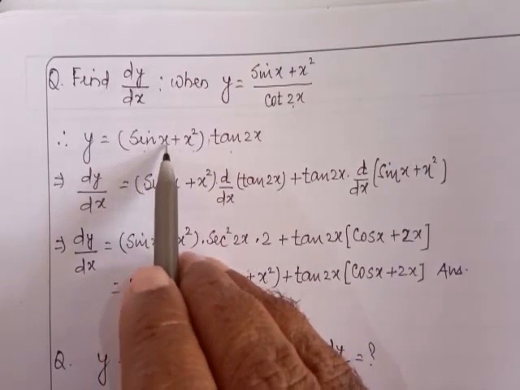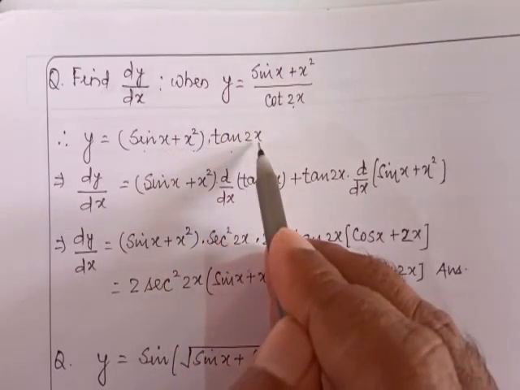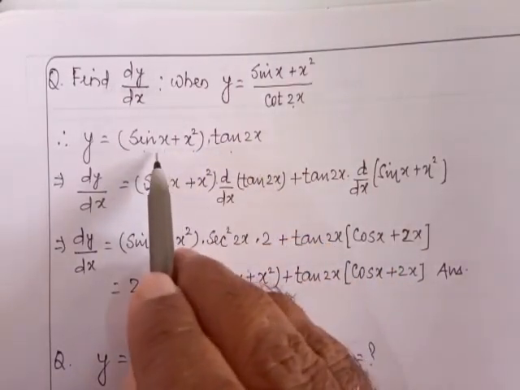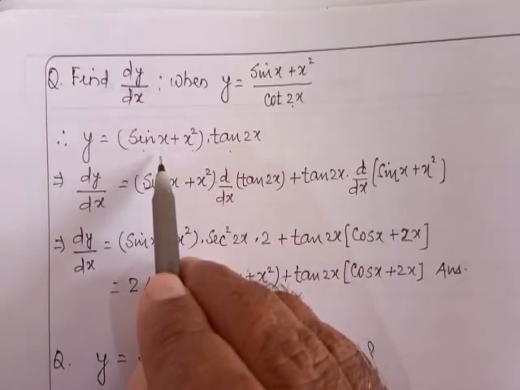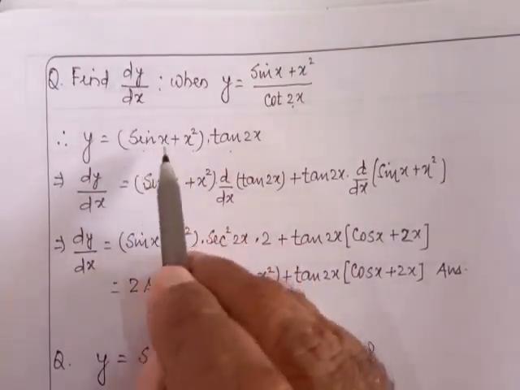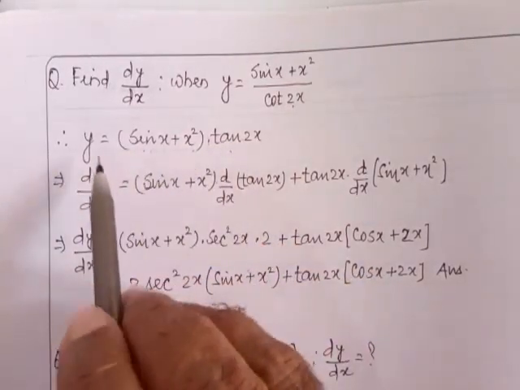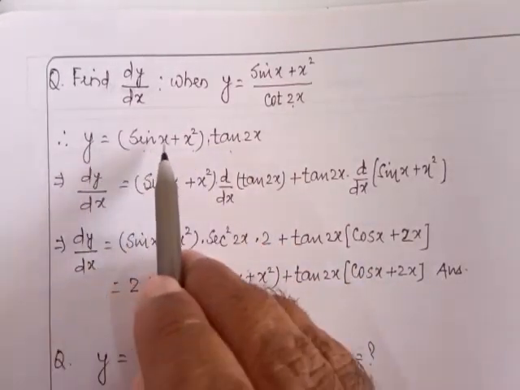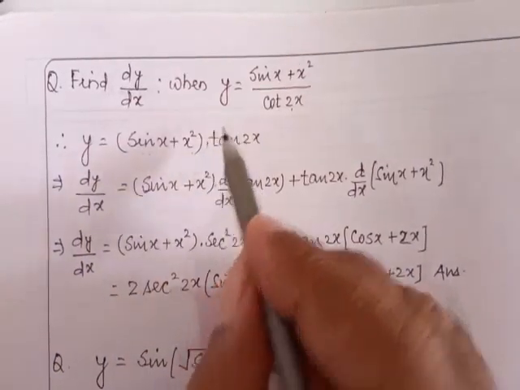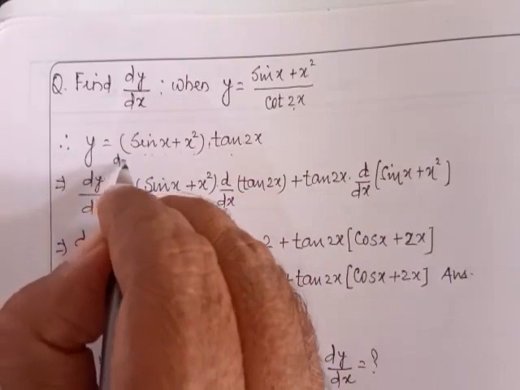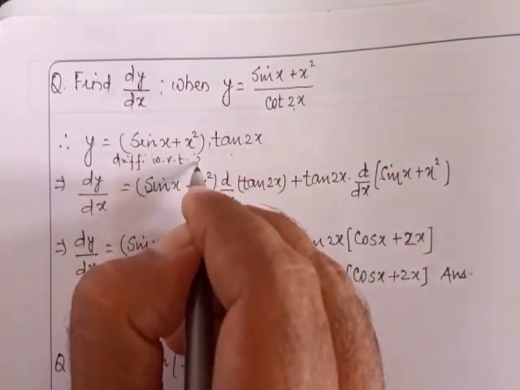One is sin x plus x square, another is tan 2x. So apply the product rule, u into v, which was also explained in the last class. So differentiate both sides with respect to x.